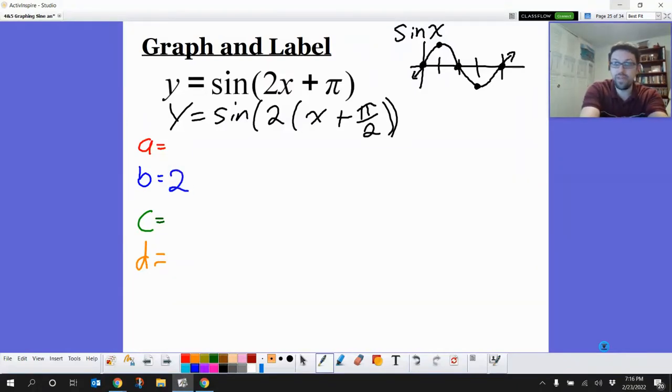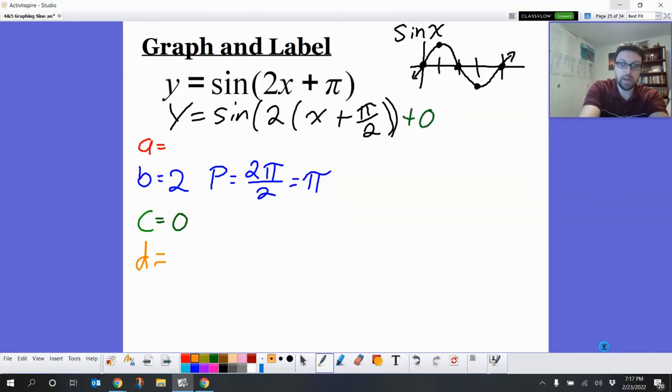Speaking of B value, let's write it down. Our B value is 2, making our period 2 pi over 2, which is just going to be pi. Our C value, it doesn't really exist. It's like a plus 0, so nothing doing there. Oh, wait, that's our D value. Oops. Well, at least I caught it.